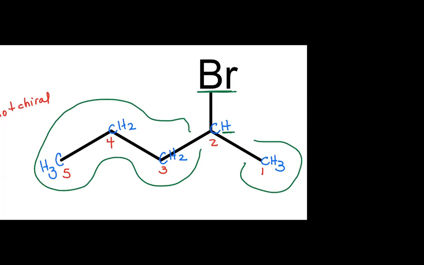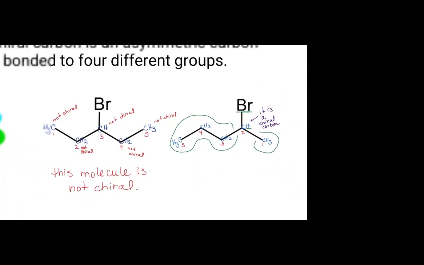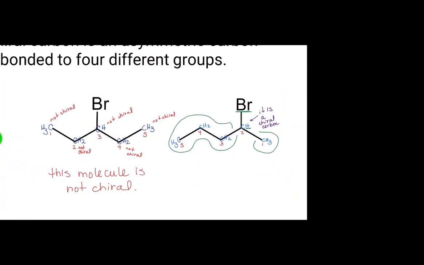So that means that carbon number 2 is a chiral carbon. So if your molecule has at least 1 chiral carbon, then the molecule overall will be considered chiral.